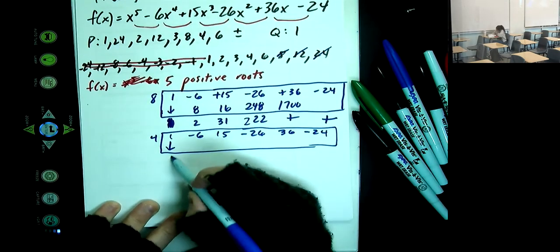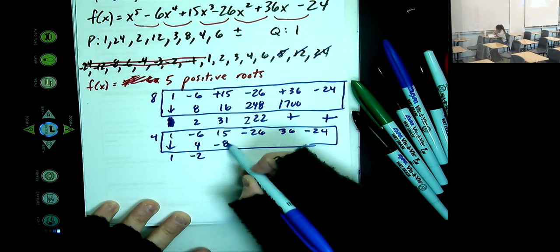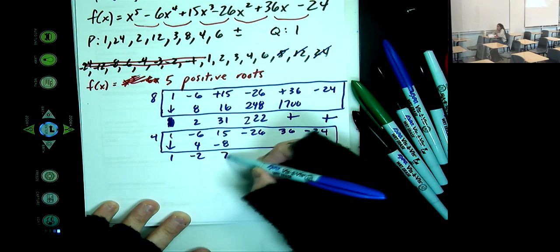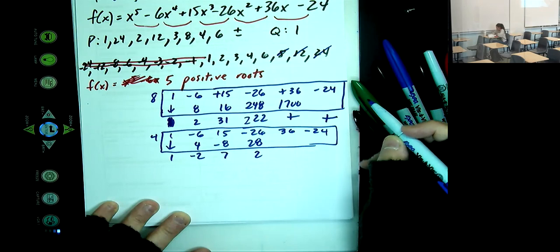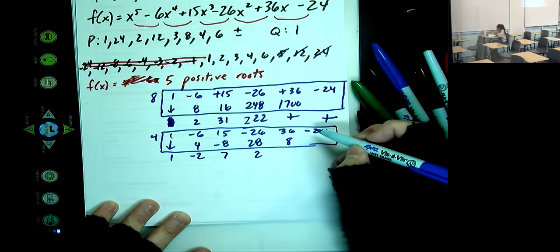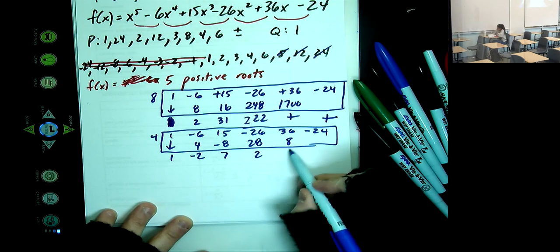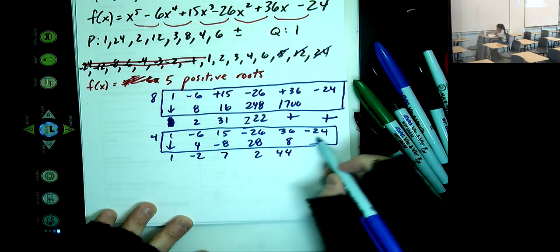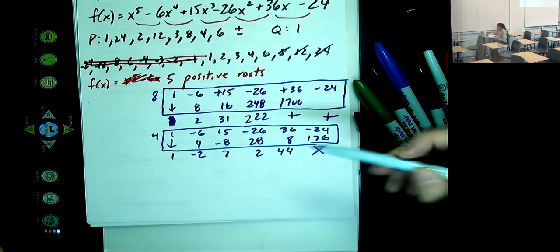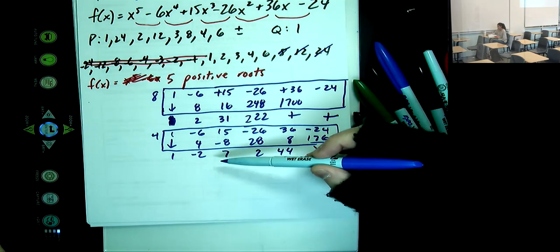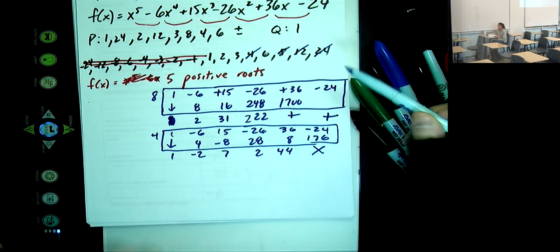Bring down the 1, and I got a 4 there, -2, 8, 7, 28, 2, 8. Nope, this isn't going to be a lucky one. Not 0. This has a negative sign in there, so I can't cross off anything but the 4. 4 didn't work.